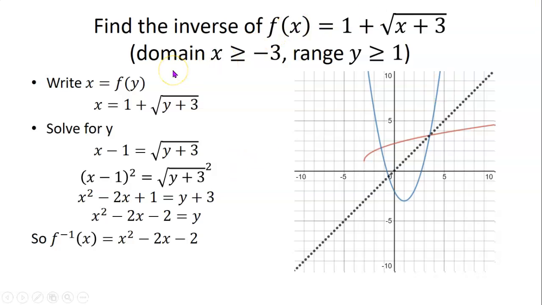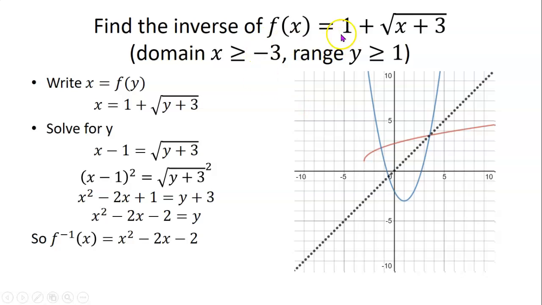Well, remember earlier I was talking about domains and ranges and how if you find the inverse of a function, the domain of the inverse is the same set of numbers as the range of the original function. And the range of the inverse matches up with the domain of the original function.